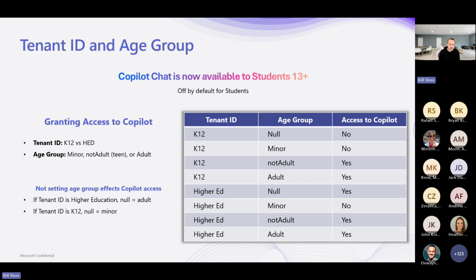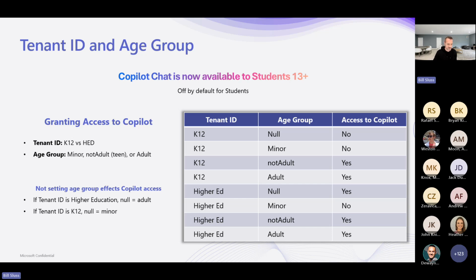Okay? The two values that you can set to grant students in a K-12 tenant access are not adult for your teen users and then adult for any adult users that you have. So if you set it to one of those two values, you're good to go. They're going to get access to Copilot Chat, assuming it's enabled in the tenant and all that. But those are the two prerequisites. So if you're thinking about rolling it out, these are the two things that you need to know.